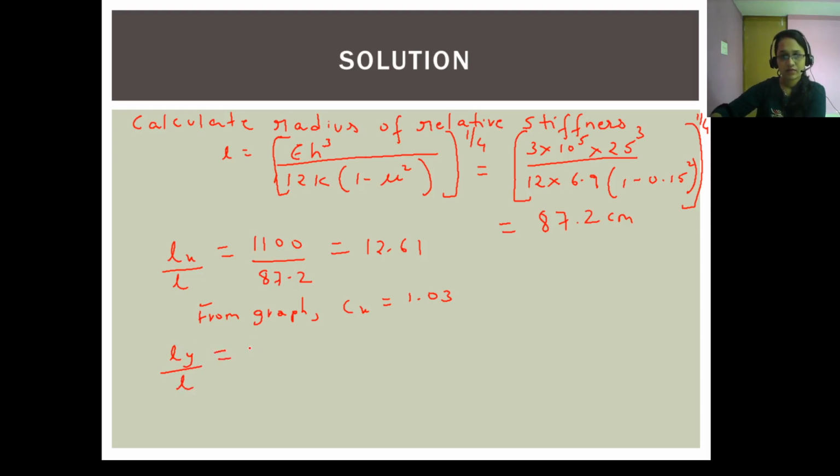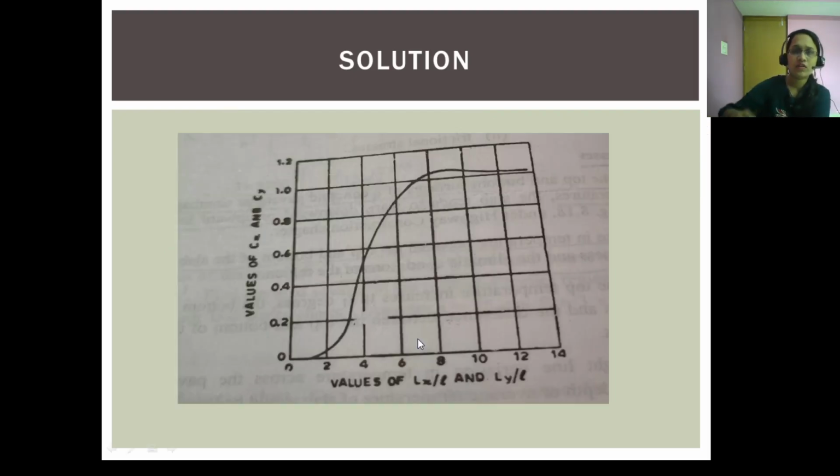Okay, so next Ly upon L. Ly is in the 360, 360 upon 87.2. That will be 4.13. And similarly calculate from the graph. So we know Ly upon L is 4.13, so it will be around 0.55. 4.13 is here around 0.55, from this graph.